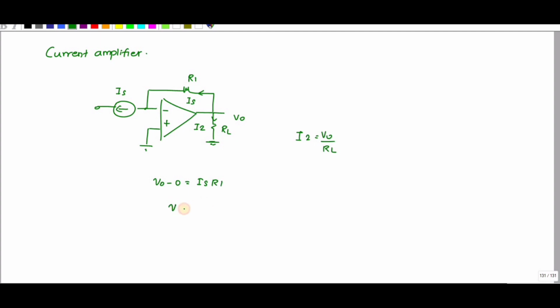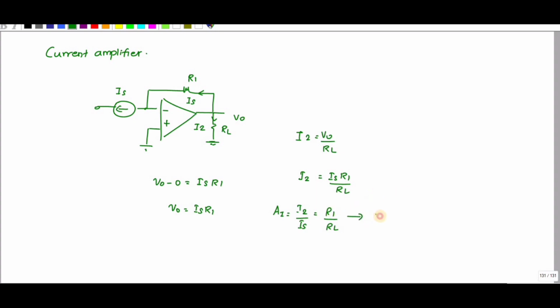So V0 is equal to IS R1. Substituting here, I2 is equal to IS R1 divided by RL. What is I2 divided by IS? This is my current gain, that is R1 by RL. This is called a current amplifier.